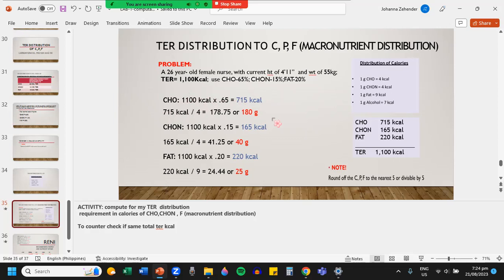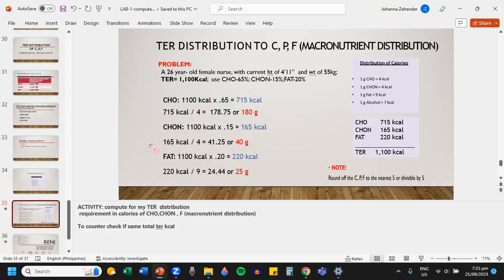You will do the same process with your proteins and fats. For protein, 1,100 kilocalories times 0.15, your 15%, gives 165 kilocalories. That 165 kilocalories divided by 4 is equal to 41.25, or 40 grams of protein.